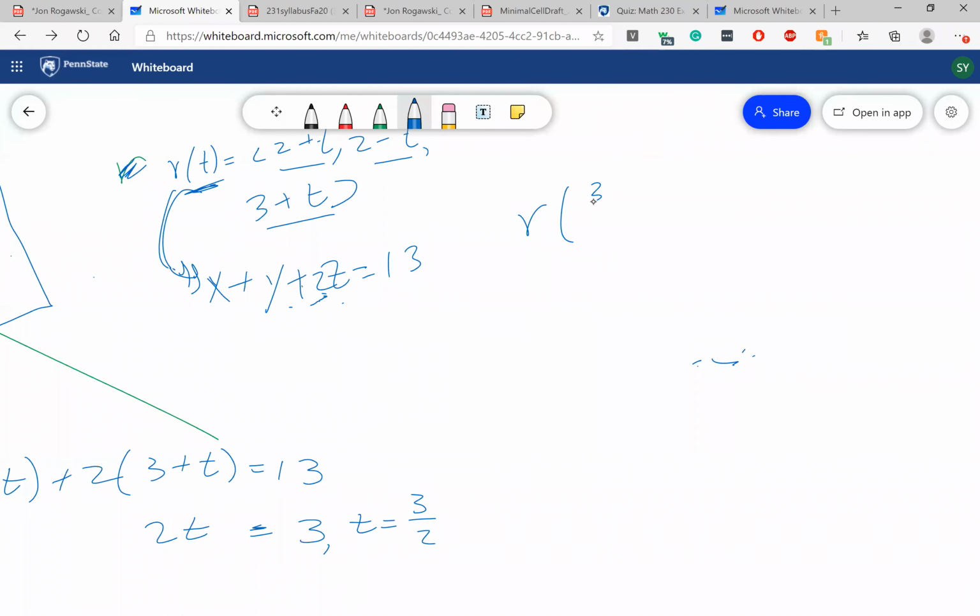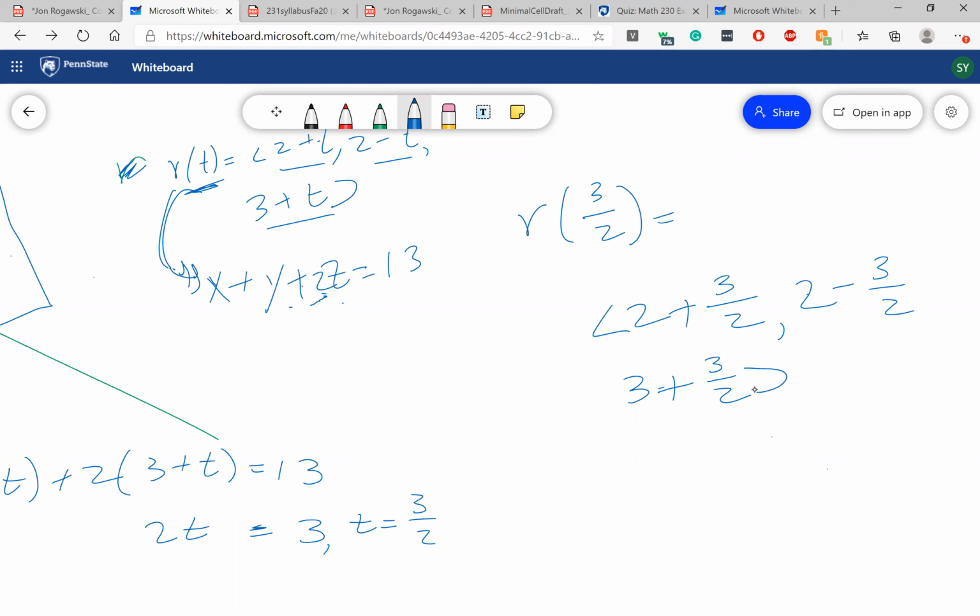So r of 3 over 2 is equal to 2 plus 3 over 2, 2 minus 3 over 2, and 3 plus 3 over 2. That would be our point.